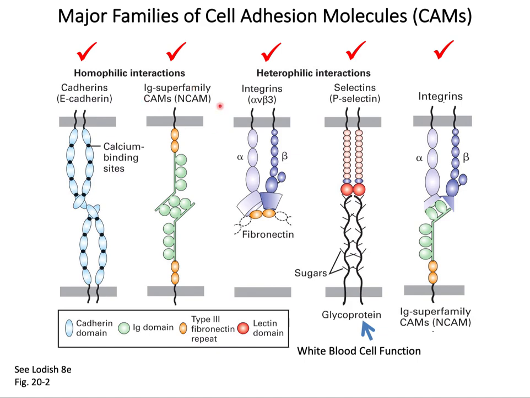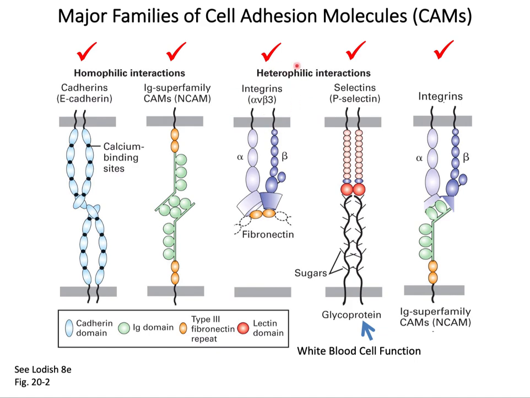An example of this is NCAM, or neural CAM, which is found in the nervous system and participates in homophilic interaction with CAMs on a neighboring cell. There is also evidence, shown on the far right side, that the Ig superfamily cell adhesion molecules can interact with integrins on a neighboring cell, and this would be considered a heterophilic interaction.